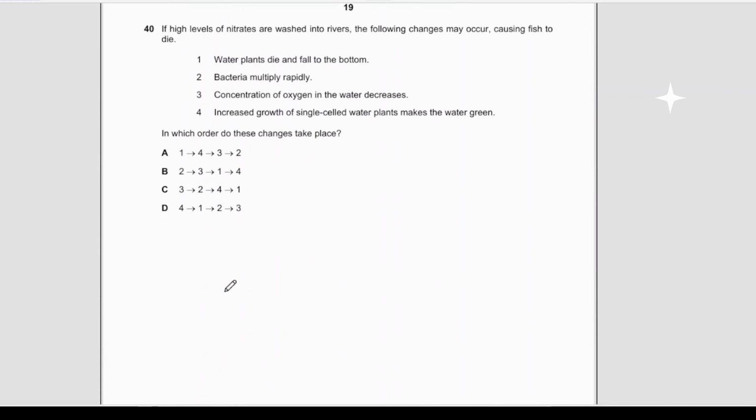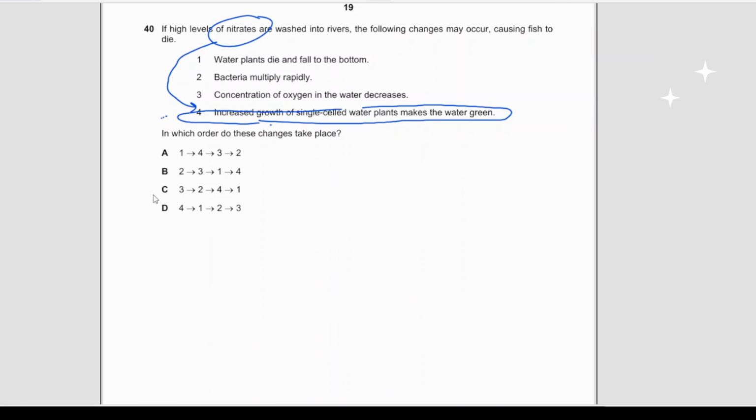Okay, what is the correct order for, I guess, eutrophication? I guess this is eutrophication, yes. Once the nutrients, let's say nitrates, flow into the river, there would be increased growth of algal bloom, right?